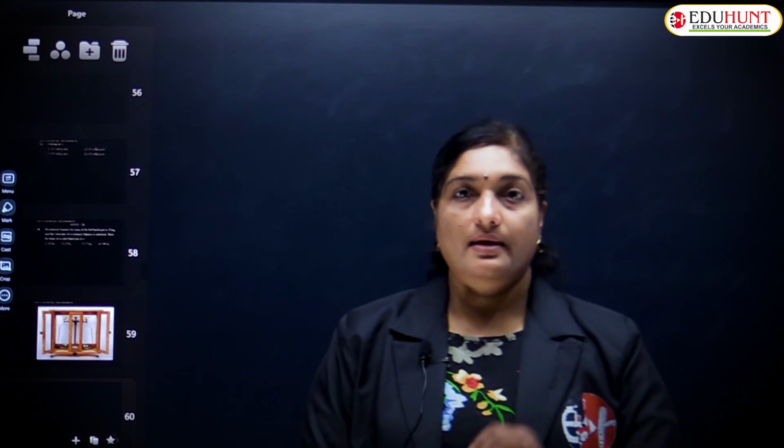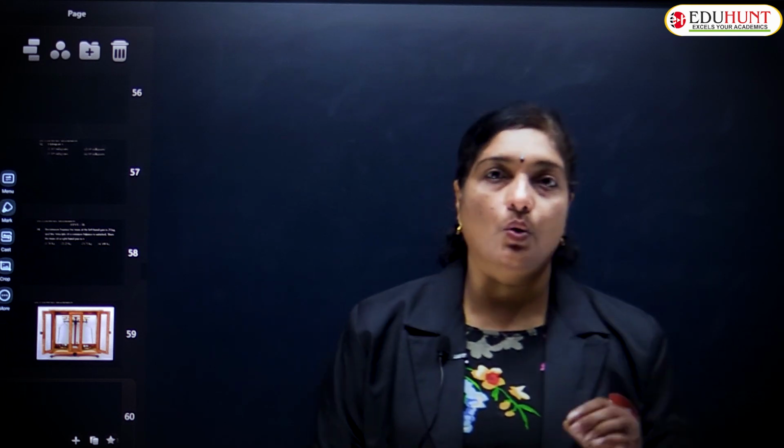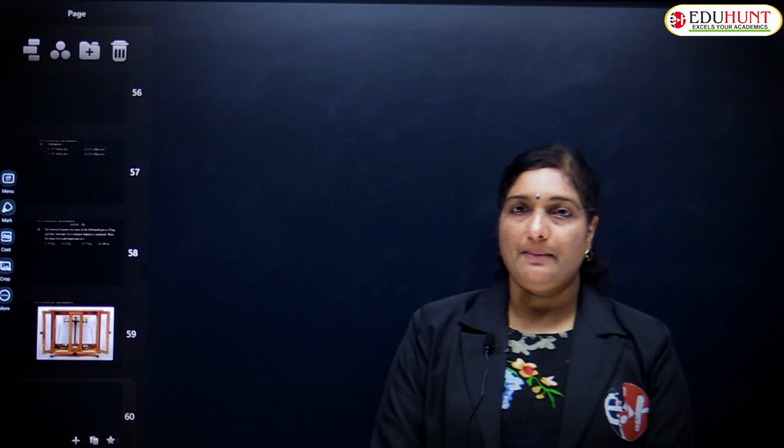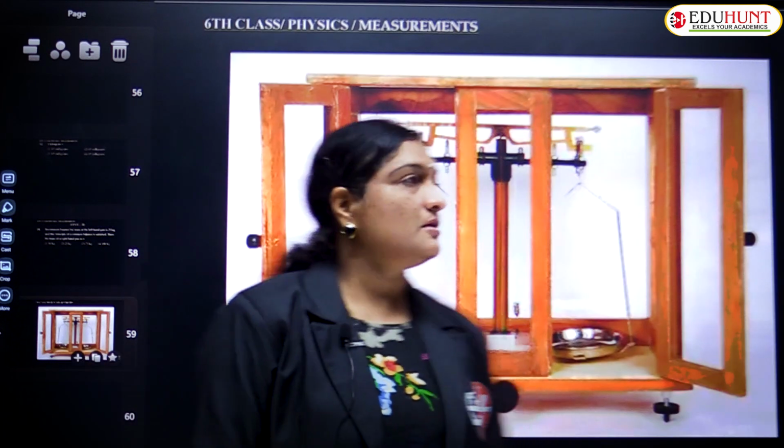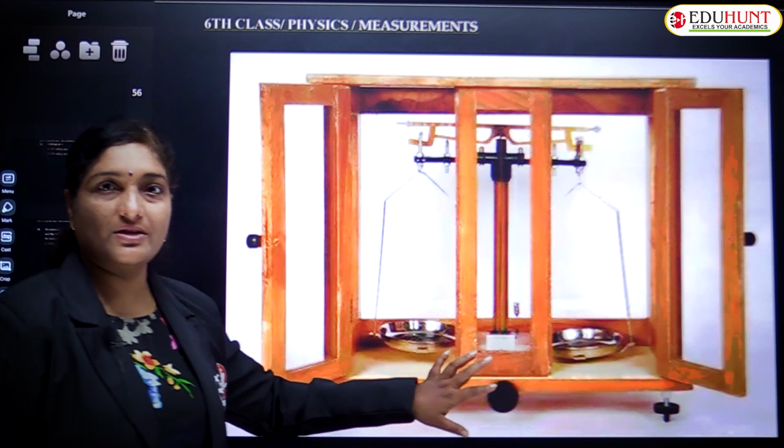But in order to measure very precious, costly items like gold, silver and diamonds, shopkeepers will be using a beam balance, also called a physical beam balance. Okay, let me show you the picture of this. Did you ever notice this type of picture, children?